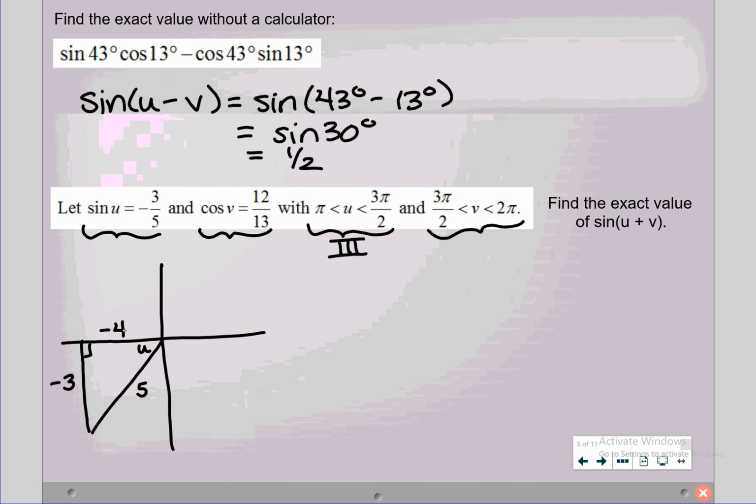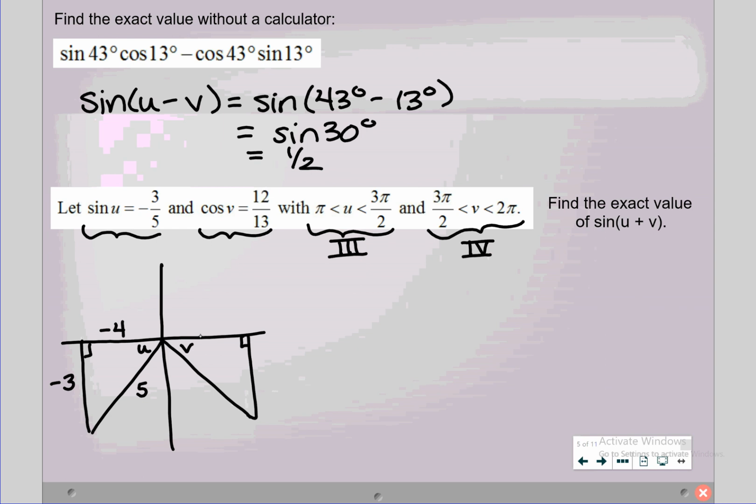We're going to do the same thing for v. V is between 3 pi over 2 and 2 pi. So where is it at? It's in quadrant 4. All right, so I'm going to draw a triangle in quadrant 4. Label it V. What do I know about V?